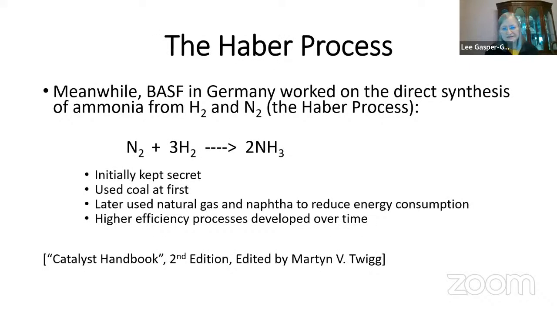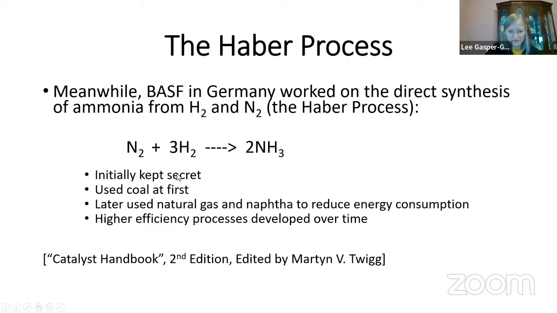Meanwhile, BASF in Germany was working on the direct synthesis of ammonia from hydrogen and nitrogen, which was come up with by Fritz Haber, which they called the Haber process. And as I said, this is a very famous process. So basically, here's the chemical reaction: nitrogen gas reacting with hydrogen, where the source of the hydrogen could be natural gas, or naphtha, or coal, and then those would form ammonia.